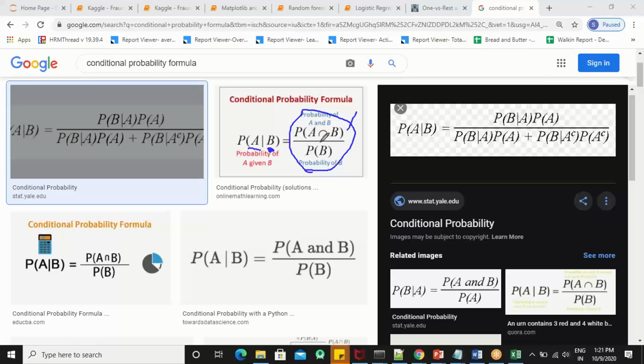This symbol is known as the intersection symbol. Then there is probability of A union B, like probability of either of these to happen, either this or both. So probability of A union B, probability of A intersection B, probability of A given B. If you know these, you will understand Naive Bayes quite easily.